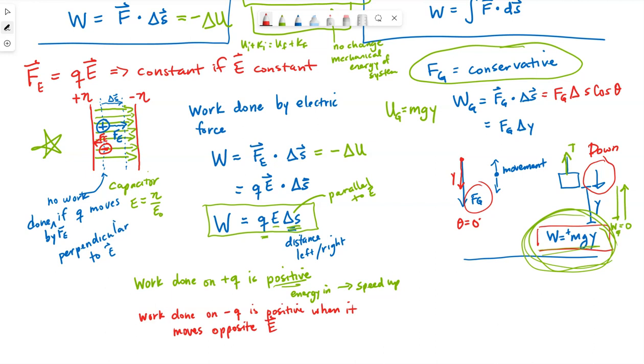The negative charge will speed up if it's moving towards a positive plate because it's attracted to a positive plate. It is as easy as just fundamentally thinking about the attraction and repulsion of the charges. If the charge is moving in the direction where it's attracted, then it will speed up. If it's moving in a direction where it is repelled, it will slow down.